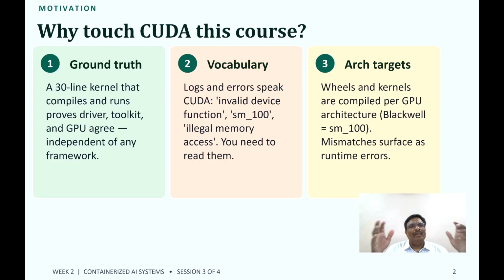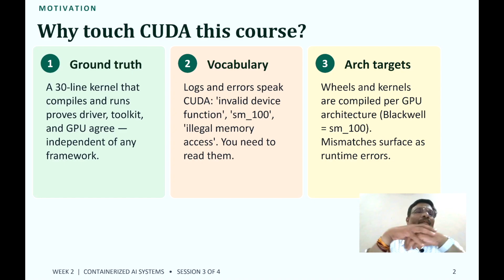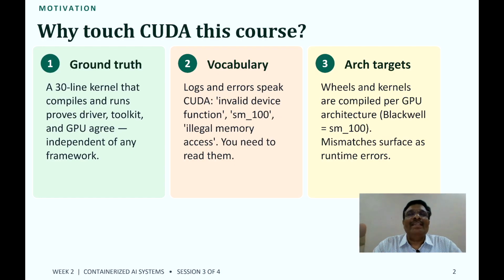So let's start with why we are going to touch CUDA in this course. The basic idea here is the smallest kernel which we write for our programs, in any of these deep learning applications as well as any of these massively parallel programs, we write as kernels.